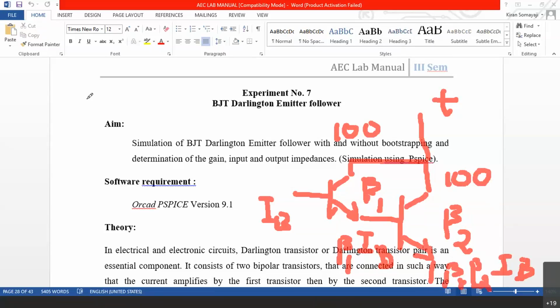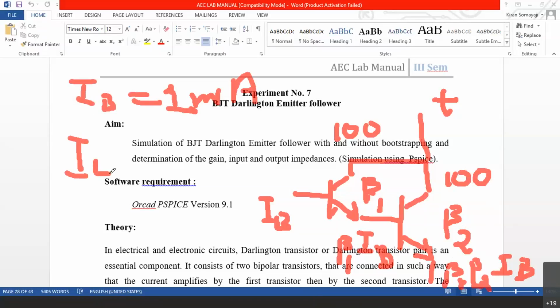For example, if IB1 is 1 milliampere, IE2 is equal to 10,000 into 1 milliampere, that is 10,000 milliampere.